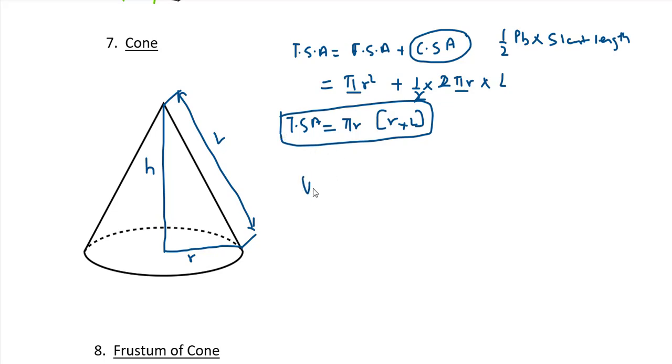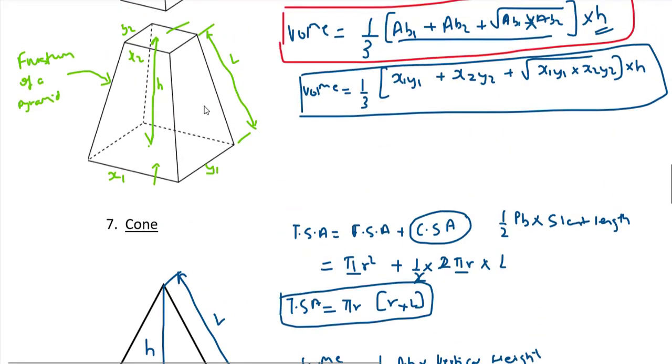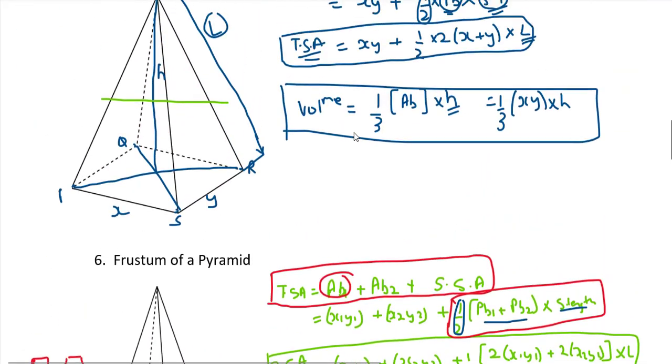Now let us see what the formula for the volume of a cone will be. It will be 1/3 of area of the base into vertical height h. Please notice the similarity in the formula for the cone and the formula for the pyramid. In a pyramid also, we have taken 1/3 of area of base into vertical height h.